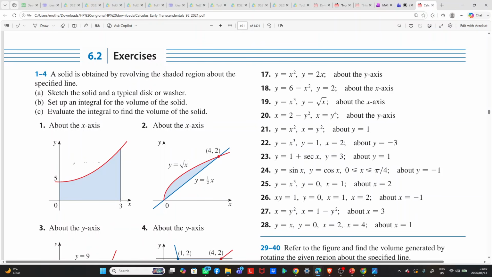Then now we can look at something like this one, where we are rotating about a vertical line, x equals 2. And also look at when we are rotating about a vertical line, where now we are on the negative side of the x-axis. Then once you understand all of those things, you have mastered the Washer method. There is nothing more they can add into the equation that will make your life complicated.